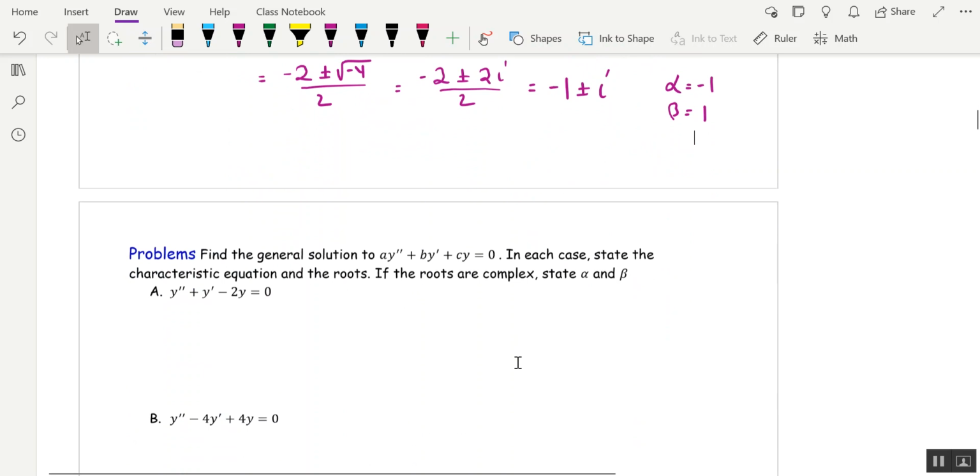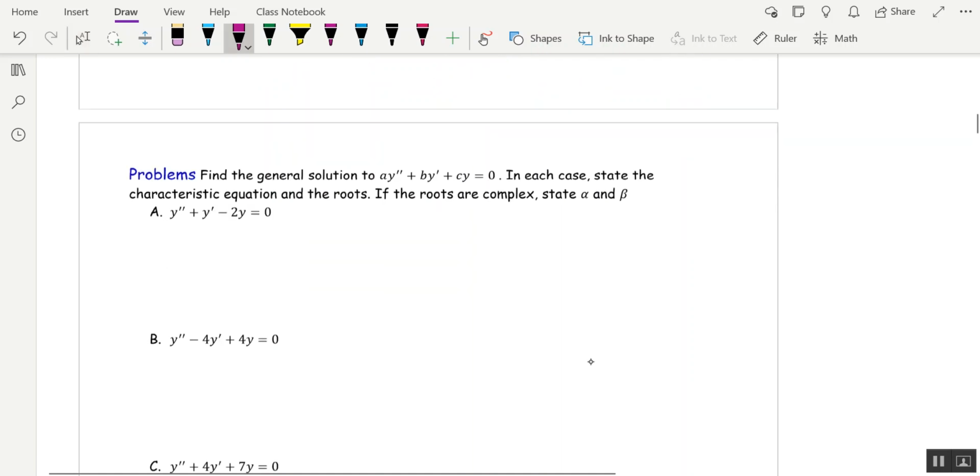We're going to write down the general solution, and in each case, we're going to state the characteristic equation. We're going to factor it if we can. If it's complex, we won't factor it. And if the roots are complex, we're going to state alpha and beta. The characteristic equation for this first one is r squared plus r minus 2 equals 0. That factors pretty easily as r plus 2, r minus 1 equals 0.